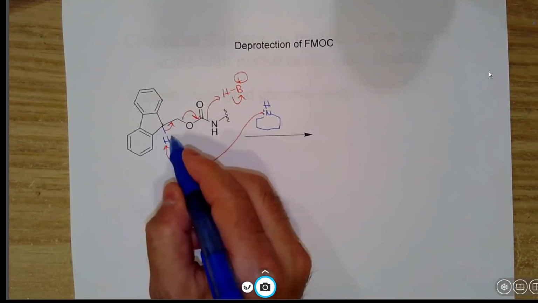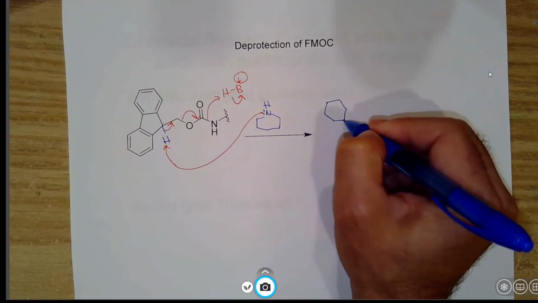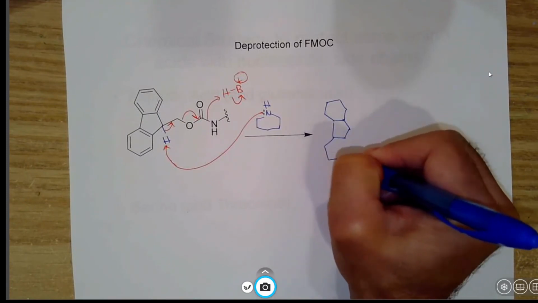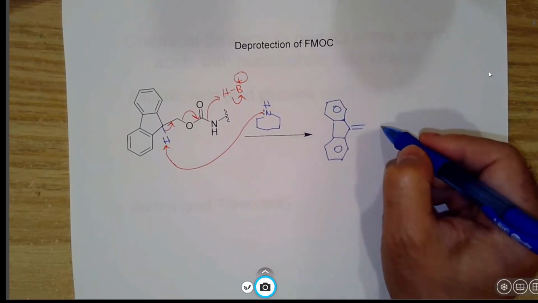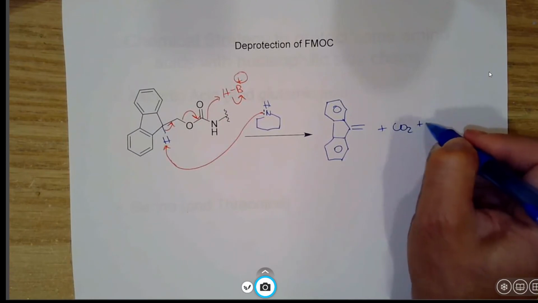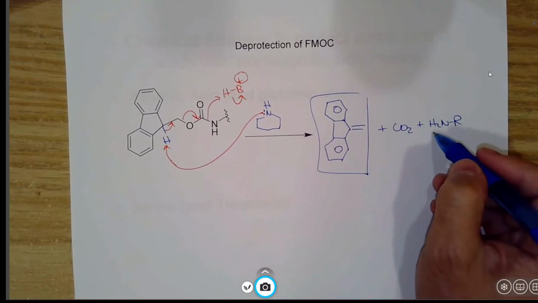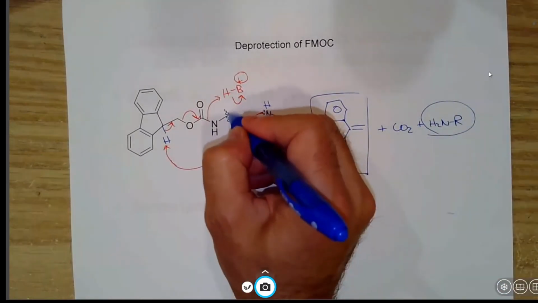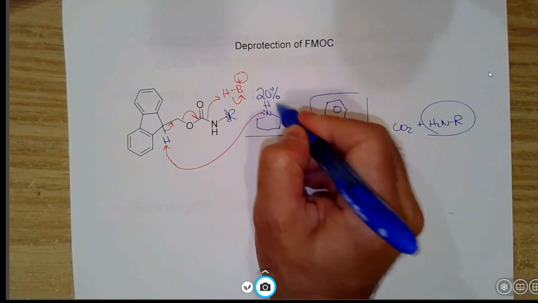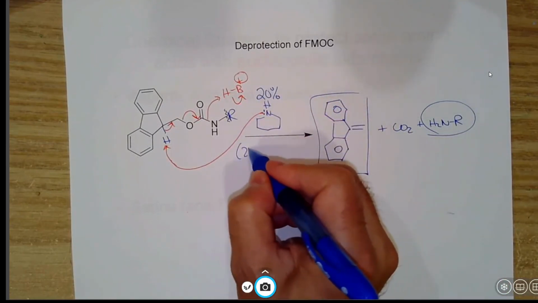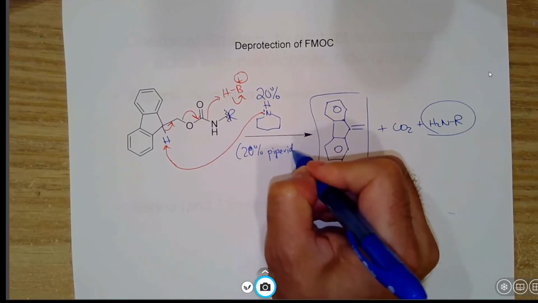And if you follow the arrows, you're going to form this compound here, plus carbon dioxide, plus your desired deprotected amine. Okay, so you actually use 20% piperidine. It's not a full piperidine solution.